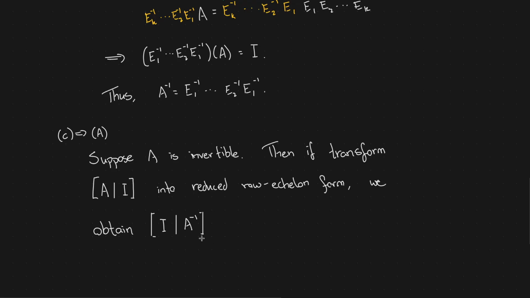Okay? But what this means in particular is that we're transforming A into reduced echelon form, and it is transforming into matrix I, which proves the result.